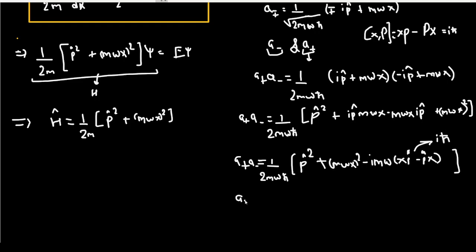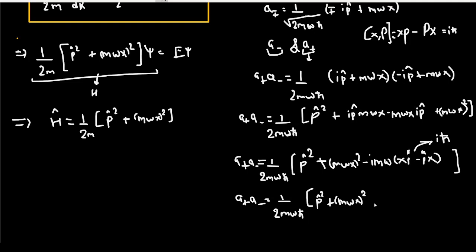Now what we can write is that a plus a minus is equal to 1 over 2 m omega h-bar, times p cap squared plus m omega x whole squared, and this expression is exactly equal to this i h-bar.